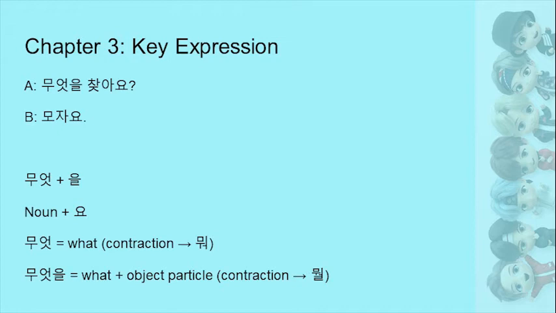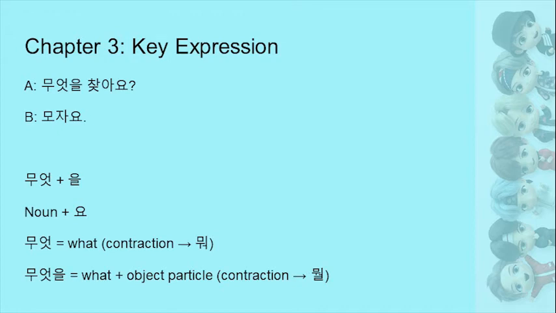And then 무엇을, which is the word for what plus the object particle that we have in this sentence. You can see the ㅅ at the end of 무엇. That sound gets carried over to the next syllable. So 무얼 is what it sounds like. And so that's what plus the object particle, and the contraction there is 뭘.